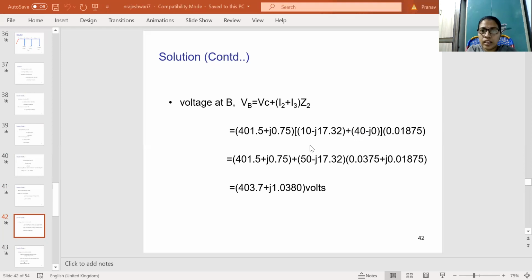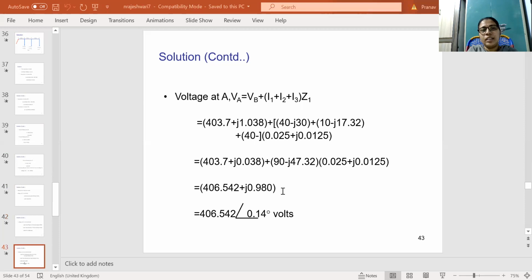By taking these two values, 10 plus 40 is 50 and minus j17.32, into this value Z2. By multiplying and adding all the values, finally we will get VB as 403.7 plus j times 1.038 volts.